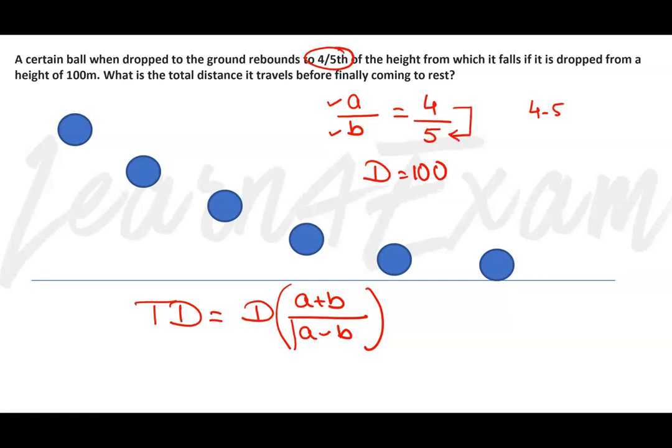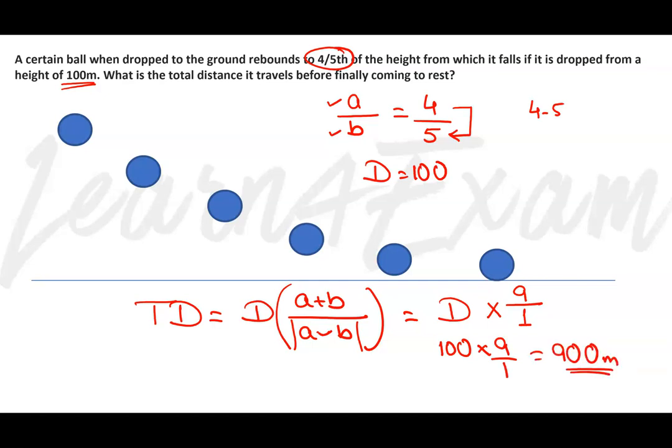You can also put a modulus sign in case you need to. So that would be equal to D multiplied by A plus B, that is 4 plus 5, which is 9, divided by the difference of 4 and 5, which is 1, right? And the value of D is given as 100 meters. So 100 into 9 by 1, the final answer comes out to be 900 meters.